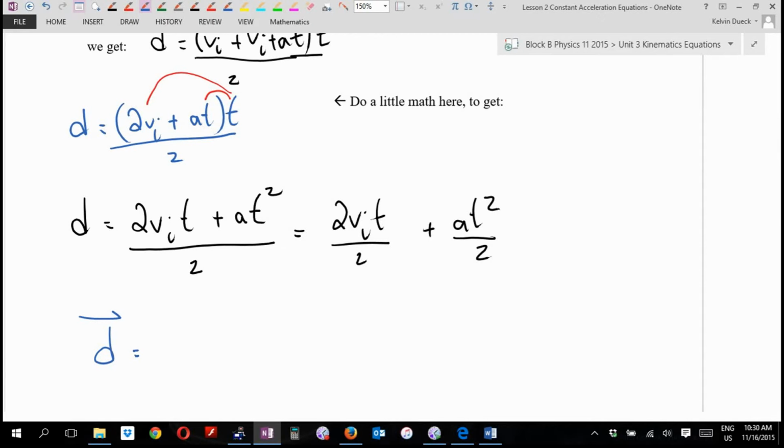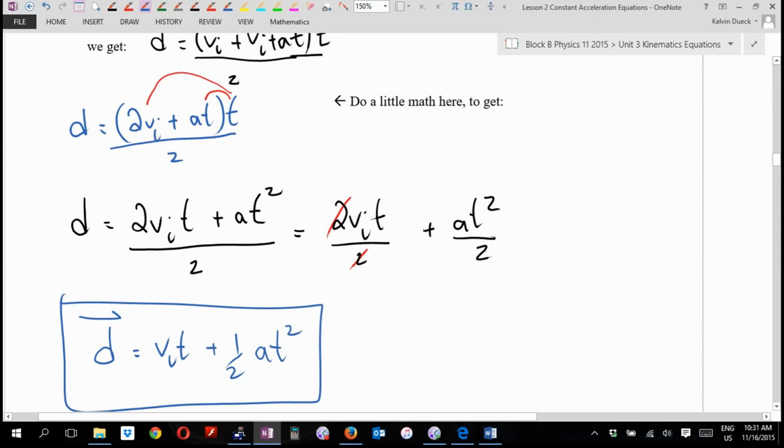It's going to be VIT, because you all told me that the 2's cancel, plus, and then look up for 1 second. What are we dividing this one by? Dividing by 2 is the same as timesing by what? As a fraction, please. Plus a half AT squared.